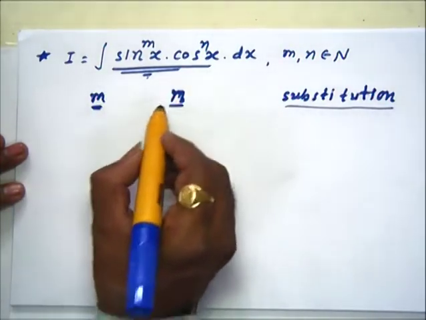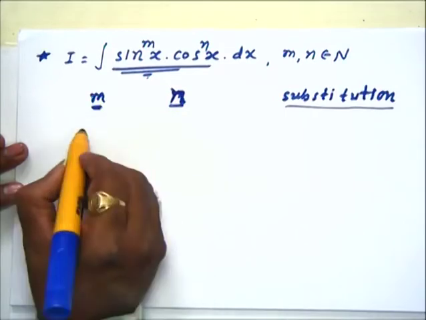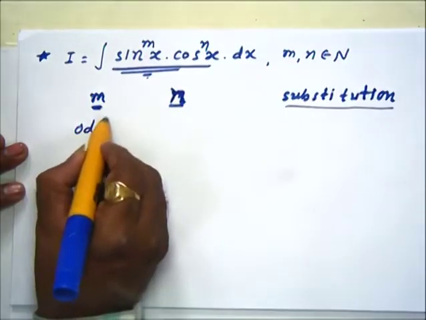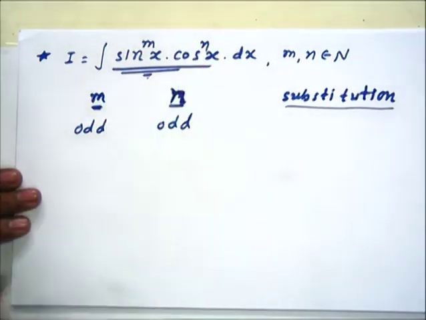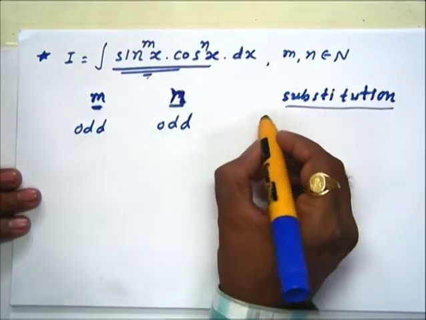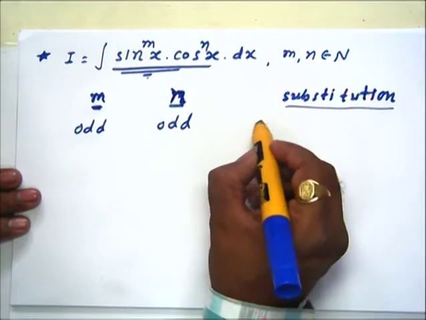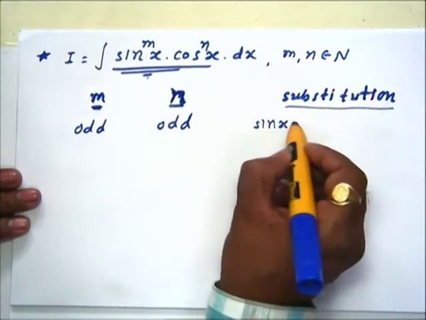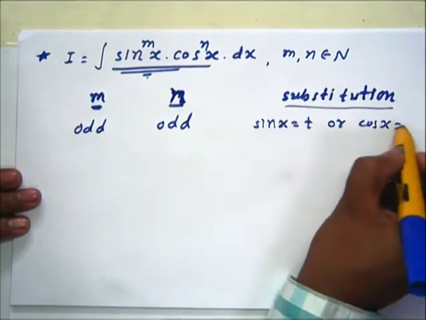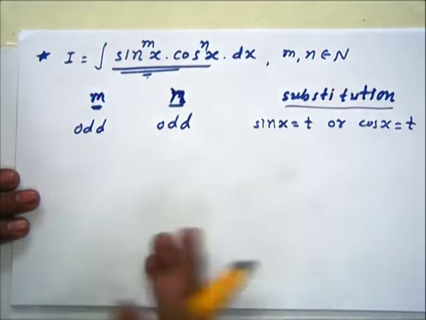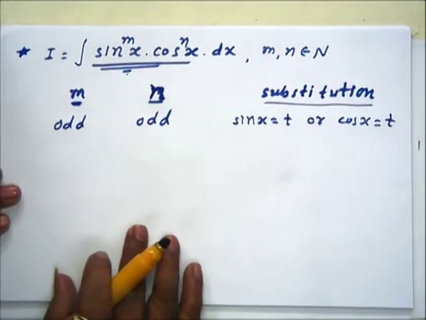Suppose m and n both are odd, then take sin x equal to t or cos x equal to t. You can take both, sin x equal to t or cos x equal to t.